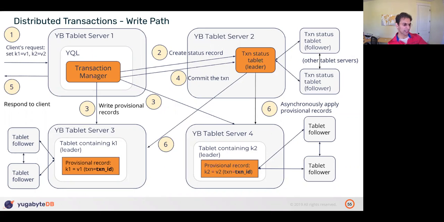So when the tablet server is actually trying to perform this provisional write, it checks, is this going to really result in a conflict based on both the committed updates as well as the pending updates I have in my queue? It looks at all of that, right? So if it finds that there is going to be a conflict, then it tells the caller, hey, there is a conflict. You can now decide. You, transaction ID X, would be conflicting with transaction ID Y. What do you want to do?